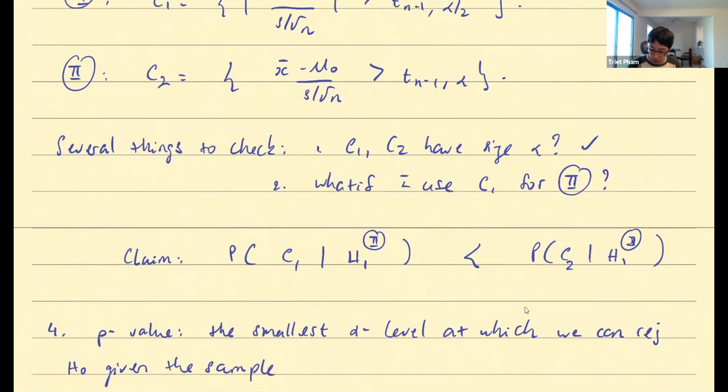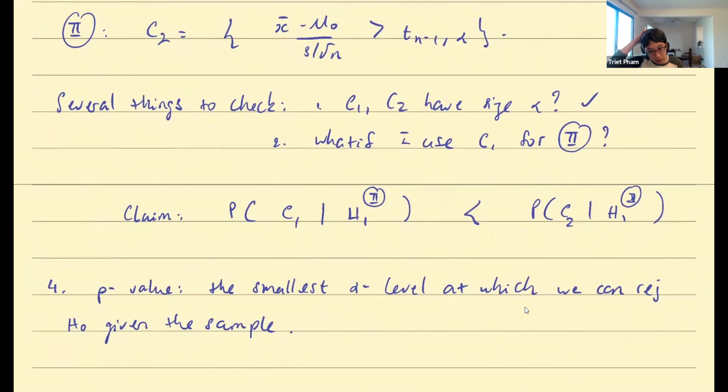Basically, you understand that the p-value would be reported to the audience by the experimenter.